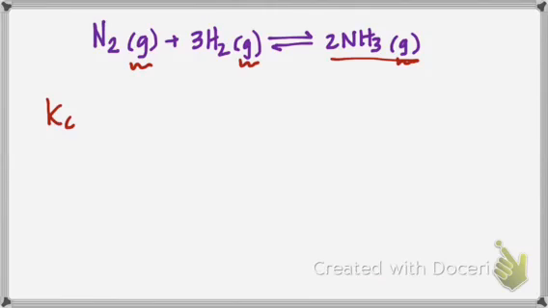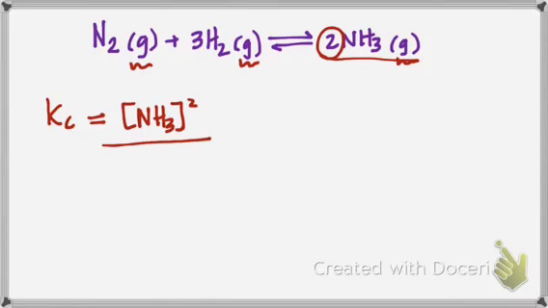I'm going to make a Kc and a Kp, but we're going to start with the Kc, or the concentration constant. I'm going to start with my products on top, and I'm going to put NH3 in a molarity bracket, and then I'm going to take that 2 and make it an exponent. And then I'm going to put my reactants in the denominator.